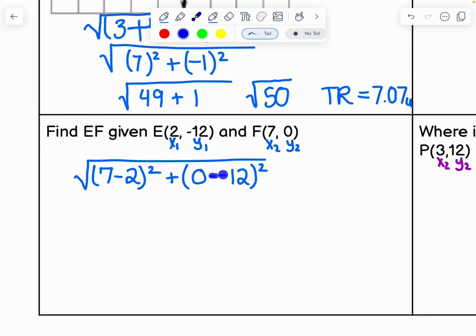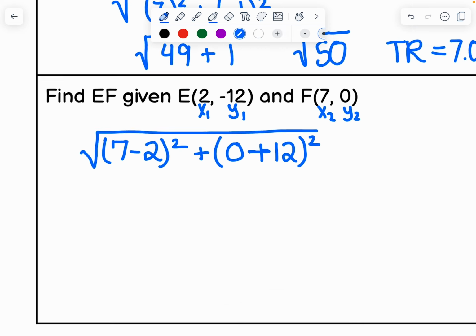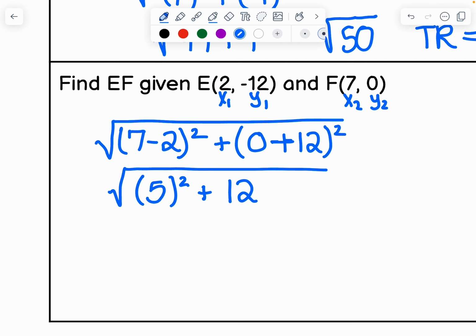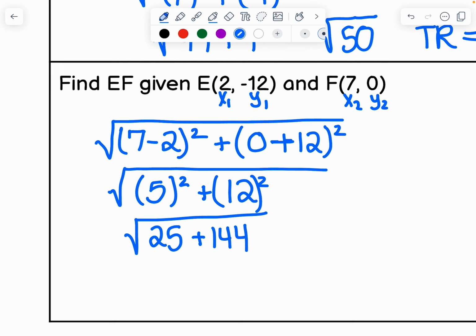All right, we have a double negative. What does that mean? It means that's going to turn positive. And so 7 minus 2 is 5 squared, plus 12 squared. 5 squared is 25, and 12 squared is 144.